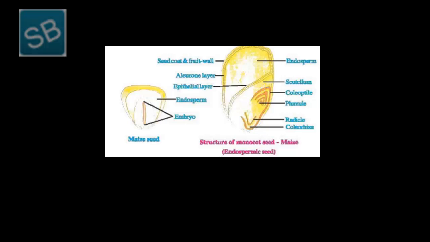Moreover, at the narrow end of the scutellum, two axes are located. At one end, the axis is known as plumule and at the other end radicle.